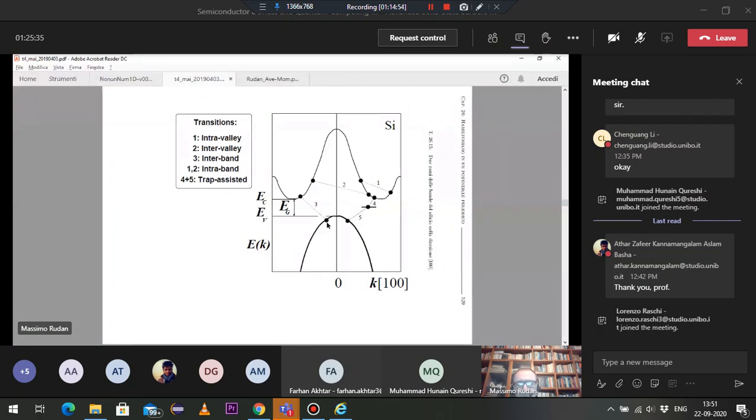It is also called an interband transition, as you can see on the left. In semiconductors, there is another possibility for the interband transition, and this is described by processes number 4 and 5.